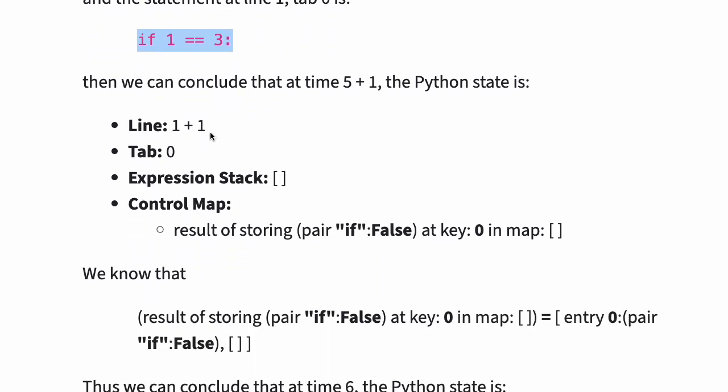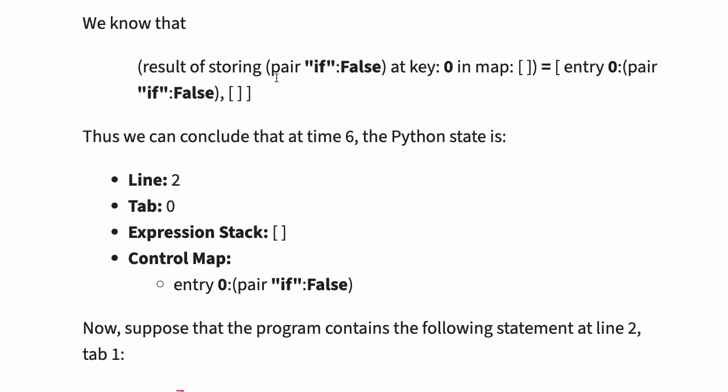Line is 1 plus 1, tab is 0, the expression stack is empty, and the control map is the result of storing pair if false at key 0 in an empty map. We know that the result of storing pair if false at key 0 in an empty map is equal to the map with entry 0 and pair if false.